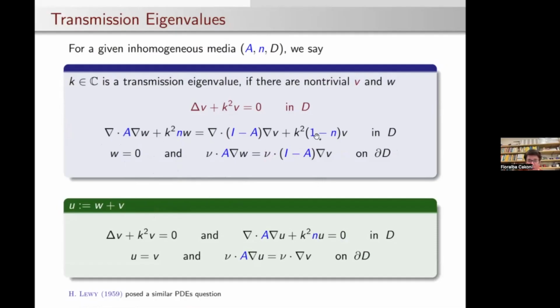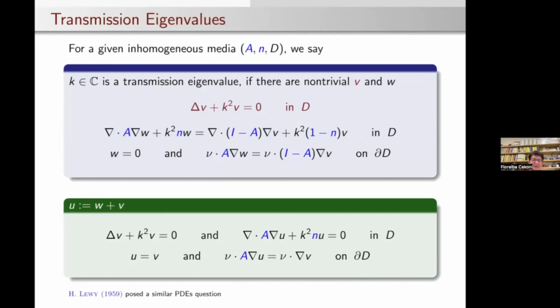If I rewrite this equation for W plus V, then basically we have two elliptic PDEs sharing the same Cauchy data. It's a beautiful, simple-looking problem. And it's an eigenvalue problem because I'm looking for K for which this V, which is part of the incident field, is non-zero, and the corresponding U satisfies this homogeneous system. So it's an eigenvalue problem.